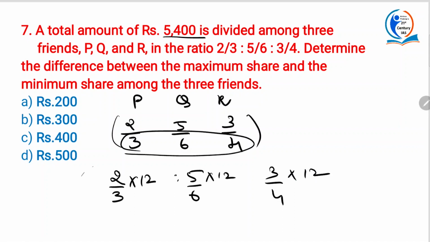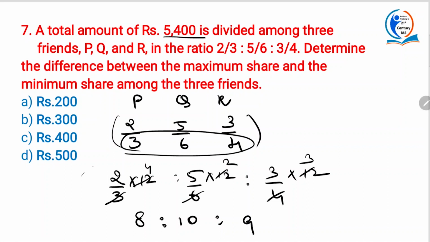Again, don't cancel the 12s, because it's in the ratio form. The very purpose of multiplying it with 12 is to simplify this. So it will become 3 ones are 3... 3 fours are 8, 6 twos are 10, 4 threes are 9. So the ratio is 8:10:9.